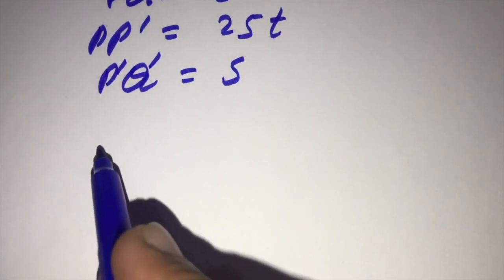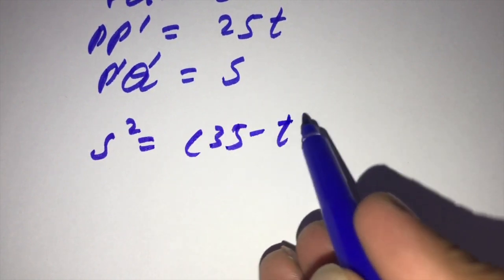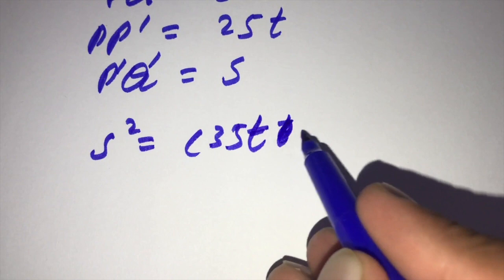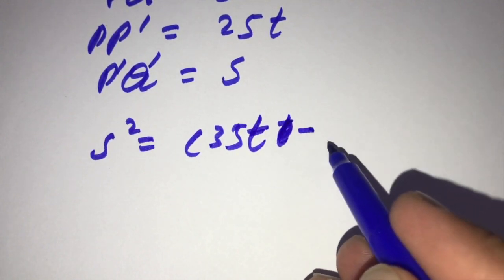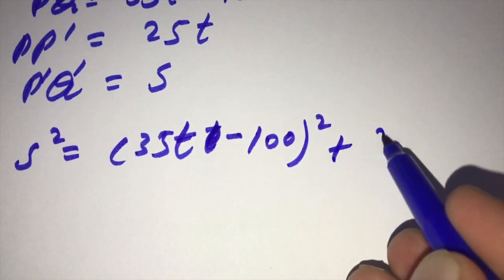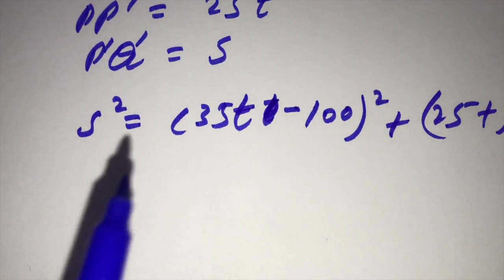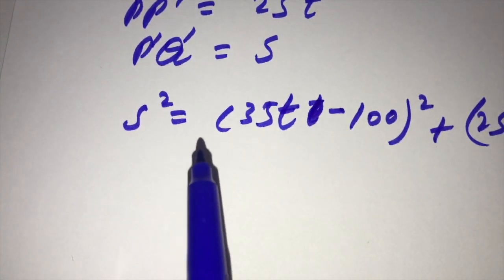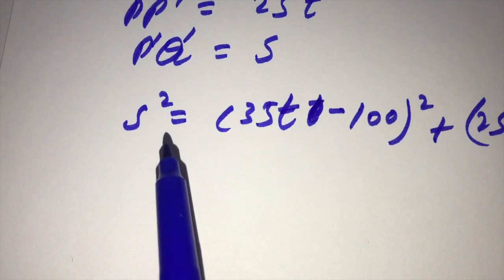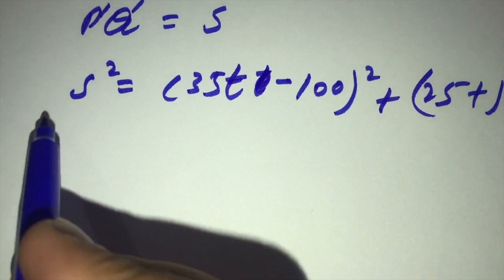So S squared is equal to (35 t minus 100) whole squared plus (25 t) whole squared. Now we take the derivative, because we have to find how fast the distance is changing.